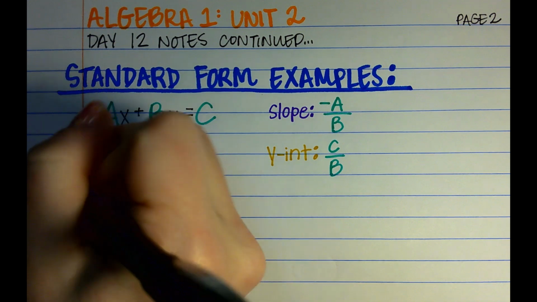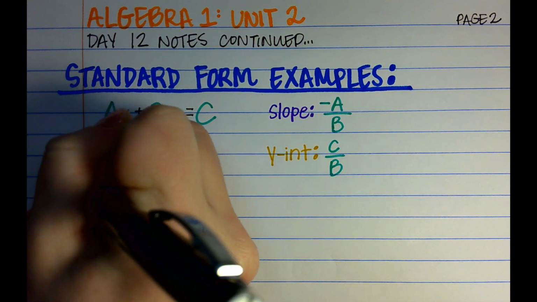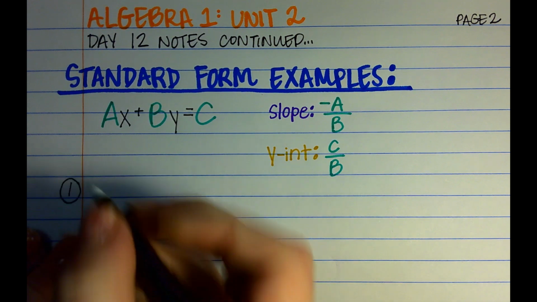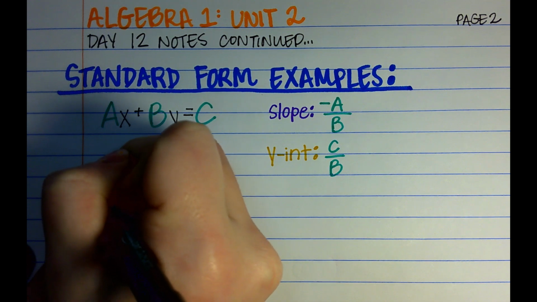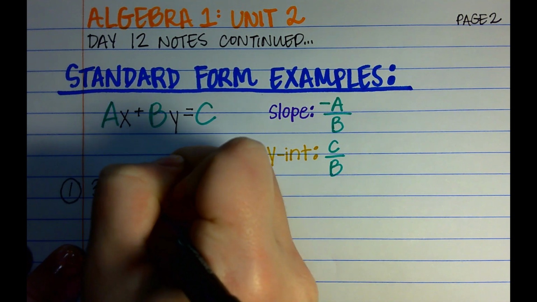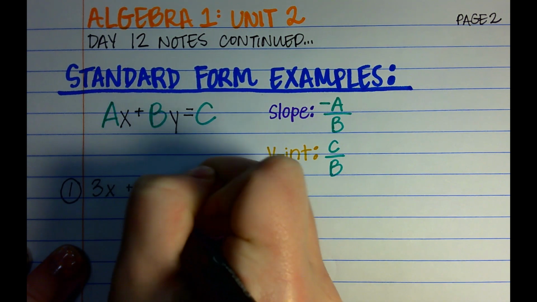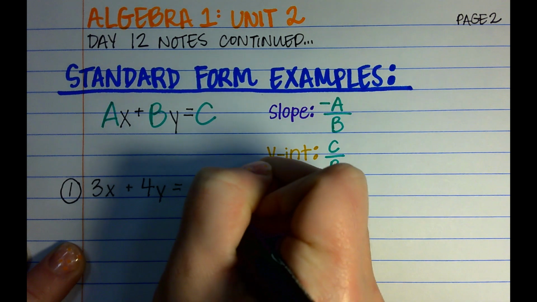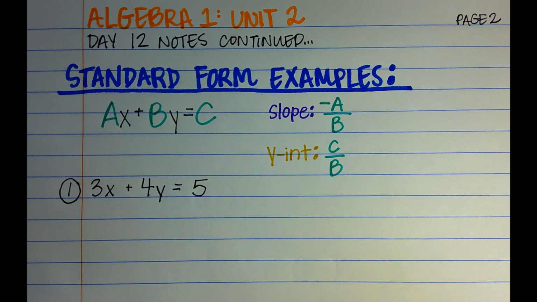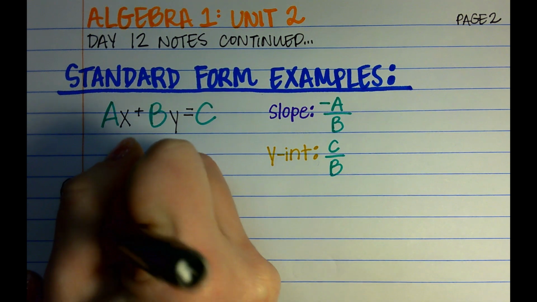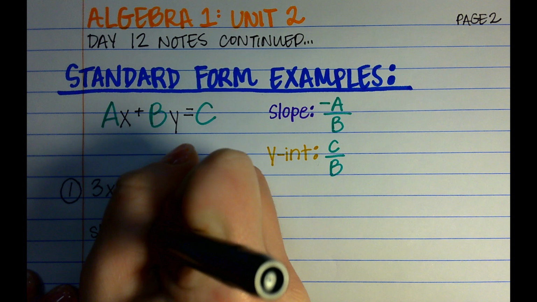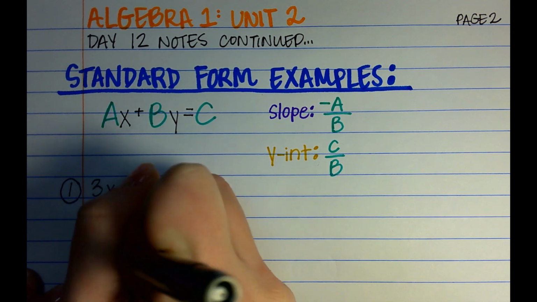Here is example number 1. Let's say we have an equation such as 3x plus 4y equals 5. And let's say I want to know the slope and the y-intercept.